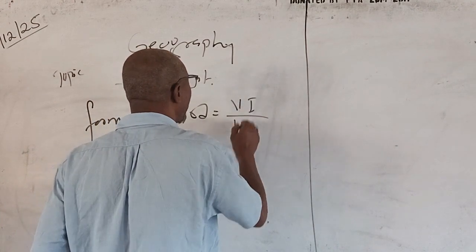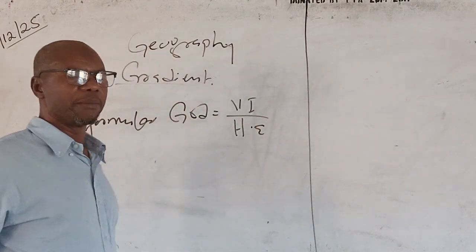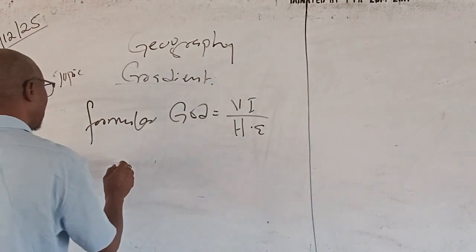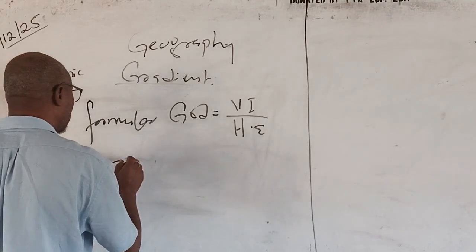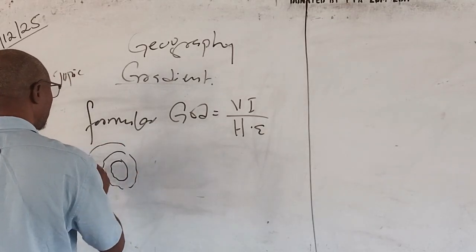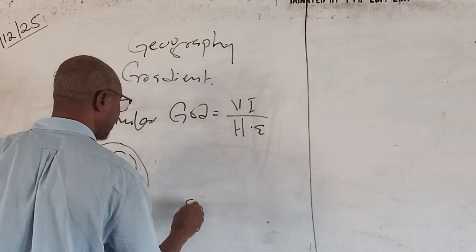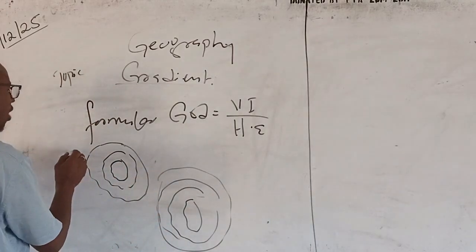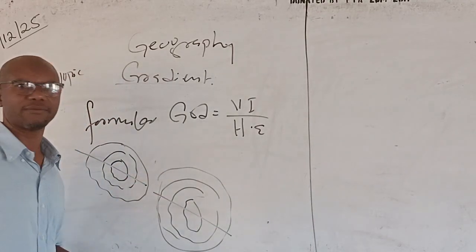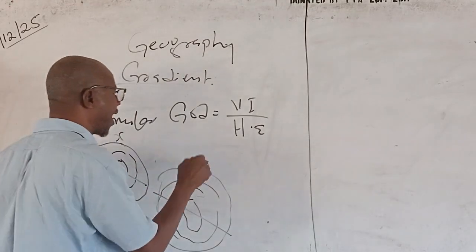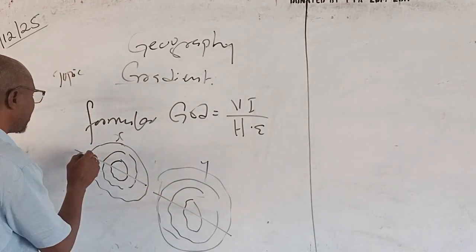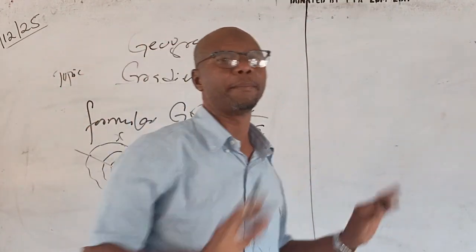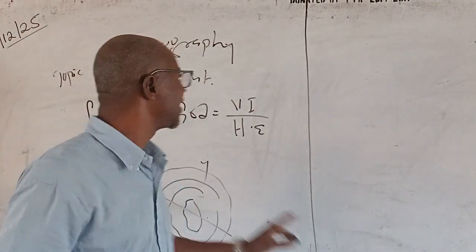Look at a diagram: there's a contour line, two mountains. You take a cross section of both, from X to Y. The distance from here to here determines the slope or steepness of the mountain. First of all, that's gradient.